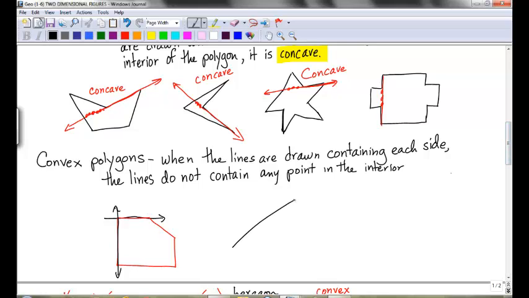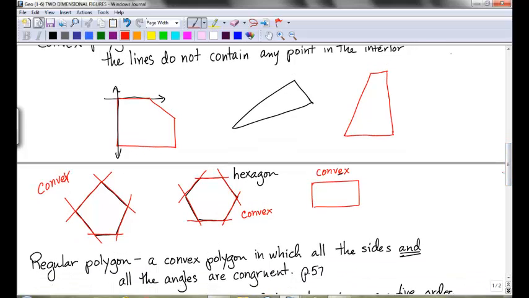What about a triangle? Just a regular triangle. You'd never get that. It would be a convex polygon. There's another convex polygon. There's a couple more.